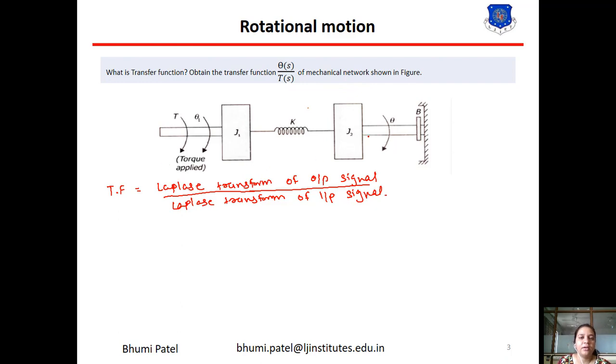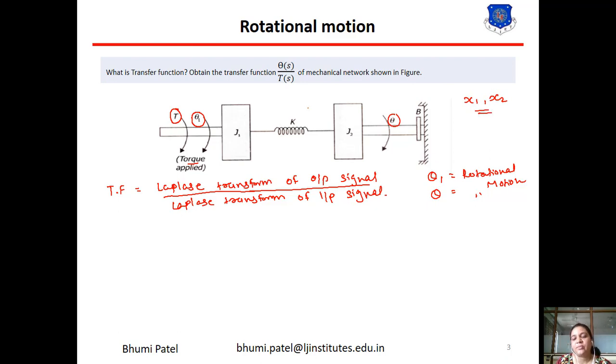Now find the transfer function phi(s) upon T(s) of the mechanical network shown in the figure. Here one mechanical system is given. T is the input of the system. What is T? T is the torque applied to the system, and theta 1 and phi are the rotational motion of the system. In the above mechanical system we have the displacements x1 and x2.